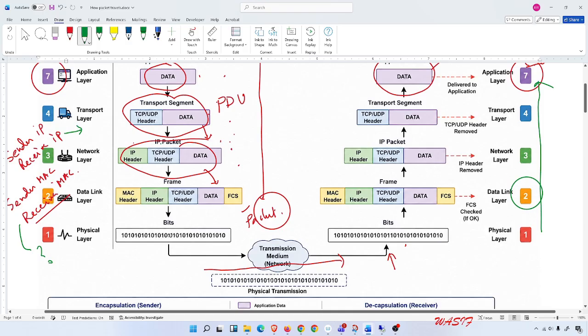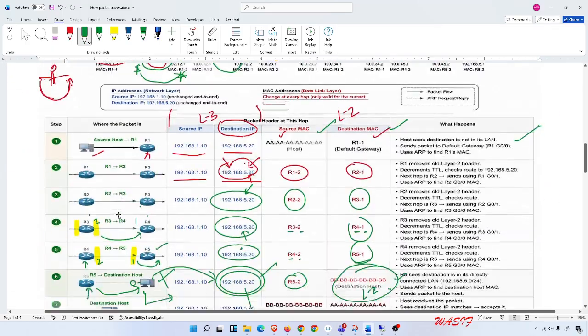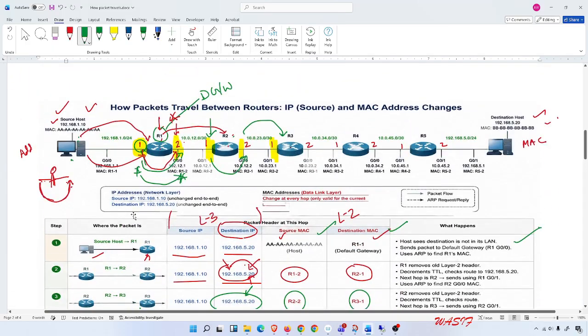He has the permission to decapsulate in layer 3 because he sees his IP address, and after that he will continue and be able to retrieve the data. All in all, the packet travels, the layer 3 information doesn't change. However, the layer 2 information always keeps on changing, okay.